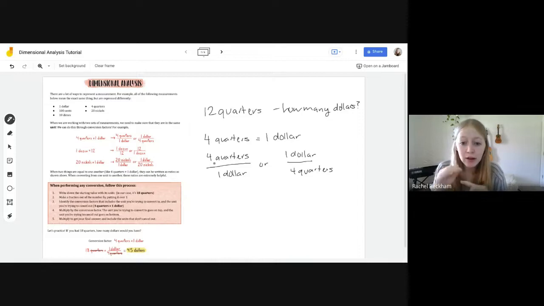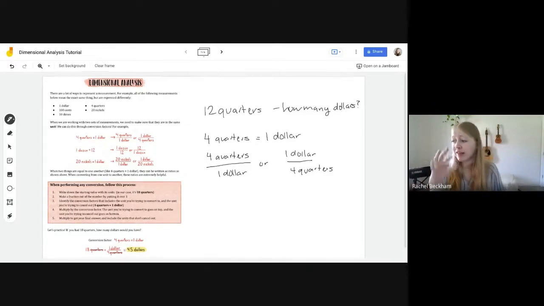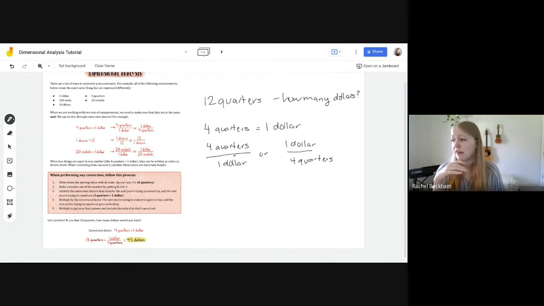They mean 4 quarters for every $1. That's the same thing, right? And so I can write them in a ratio in this way. So anytime you have an equality, you can represent it like this or like this. You can have one on top or the other on top. So once we have our relationship here, we can actually convert.